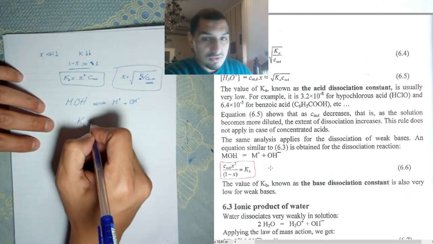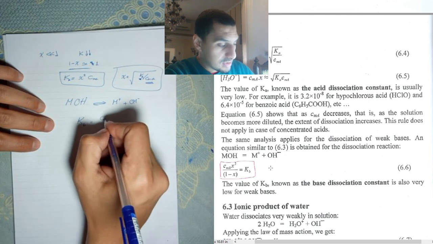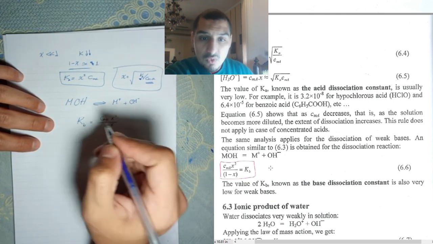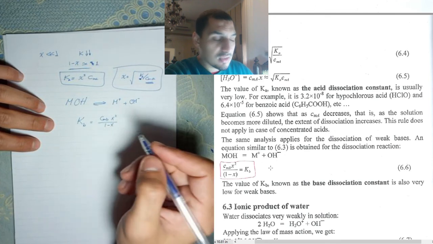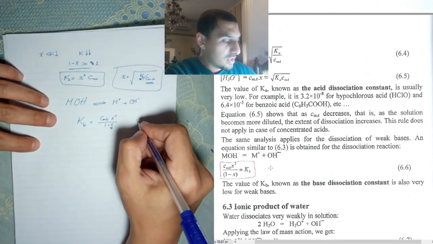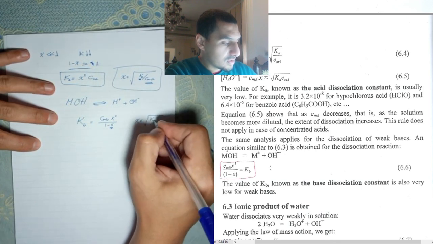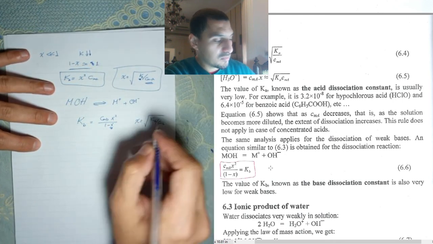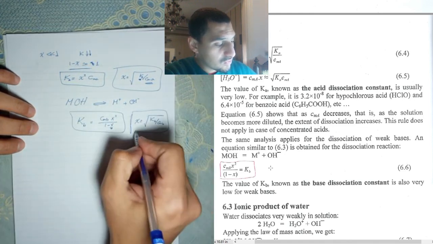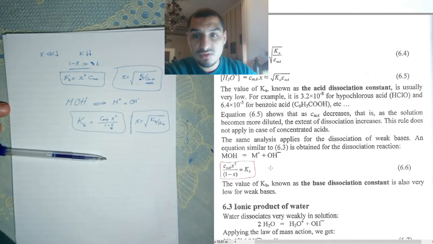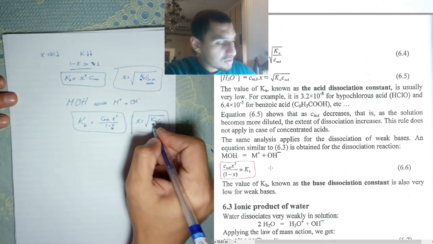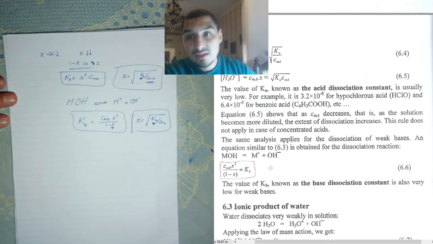It's the same. Ostwald's rule is going to be CMB multiplied by X squared divided by 1 minus X, which can be simplified by ignoring the X in the denominator, and we reach X equals the square root of Kb divided by CMB. So the same Ostwald's rule applies for weak acids and weak bases. This is called the base dissociation constant, and this is called the acid dissociation constant.